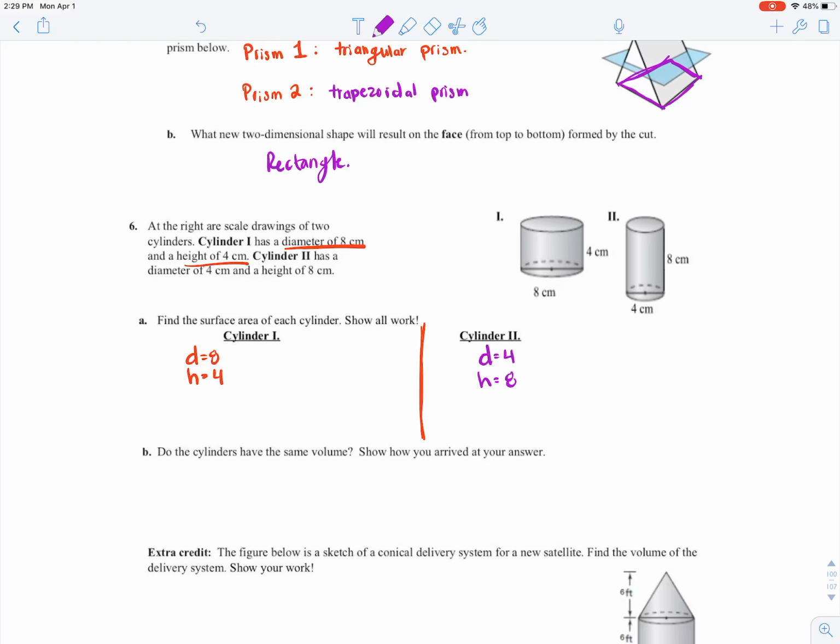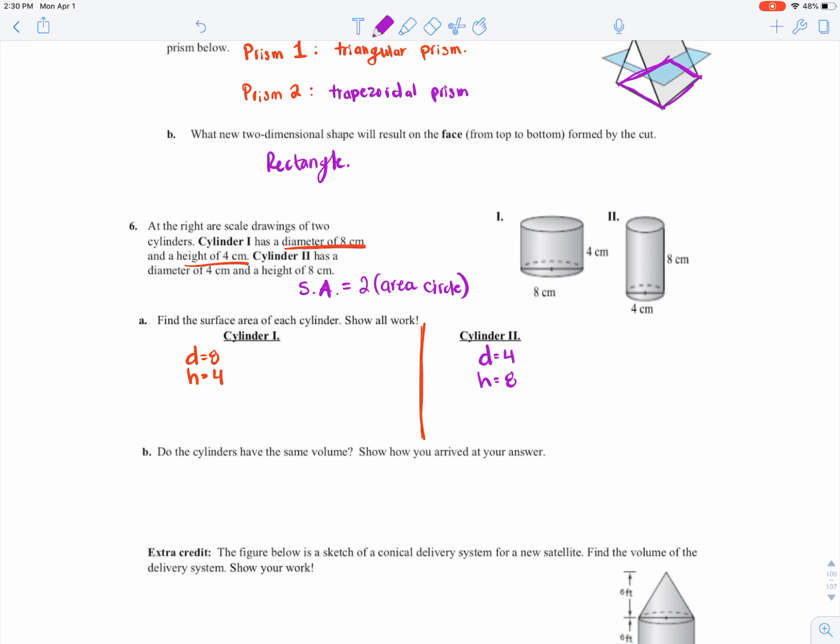Okay, so now we need to find the surface area of each cylinder. Now we came up with a formula for the surface area of a cylinder. What you're going to do is find the area of the circle, and multiply it by 2 because we have a circle on top and a circle on bottom.